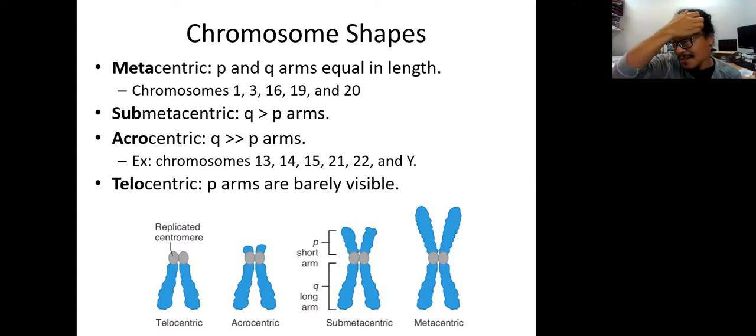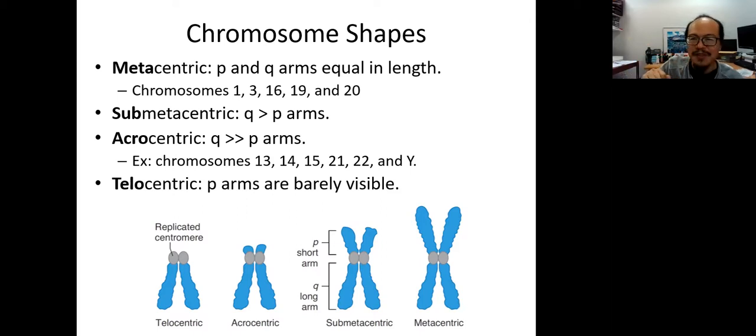And there are several unique things about these 5 acrocentric chromosomes. One is that the P arm contains heterochromatin, meaning that it contains repeats and it's highly packed.